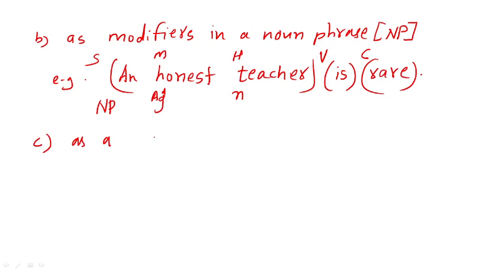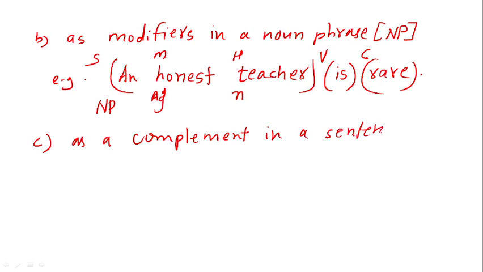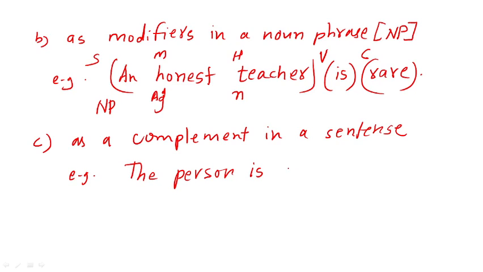The third important function is as a complement in a sentence. For example, the person is honest.